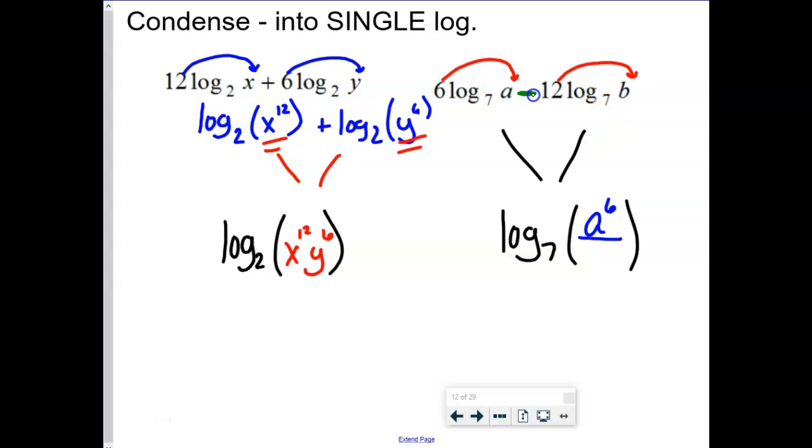But down in the denominator of your quotient, you're going to have b to the 12th power. So this is another good case for using parentheses in your logarithm. A lot of kids write this wrong because they put log divided by log, which is not what you do when you condense. So I'm a real big fan of using parentheses around my logarithm insides. Okay, I think it helps.